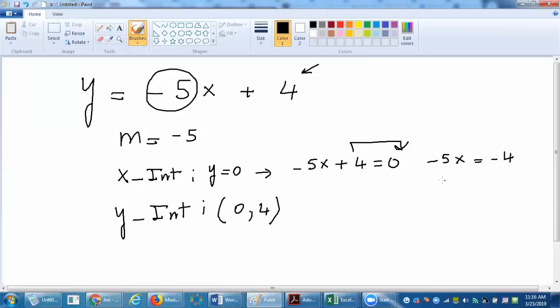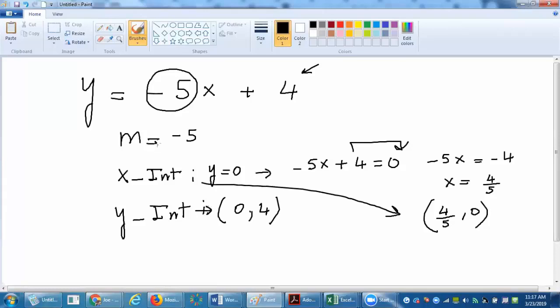And dividing both sides by -5, we end up with x equals 4 over 5, because negative over negative will cancel. Or you would write this as an ordered pair, always starting with x, followed by y, which is 0 in this case. So this is my x-intercept, this is my y-intercept, this is my slope.